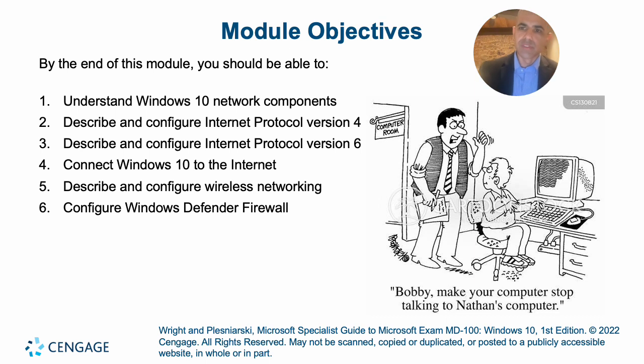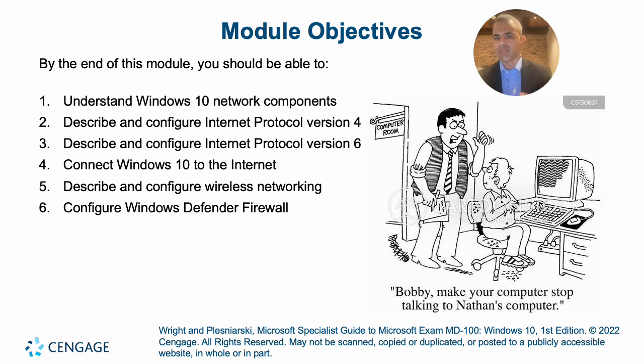So by the end of this module, you will have an understanding of all of the different physical components that are involved in networking Windows 10 machines, or just Windows machines. That includes the difference between the different Internet Protocol versions, which you've already probably heard of, IPv4 and IPv6.